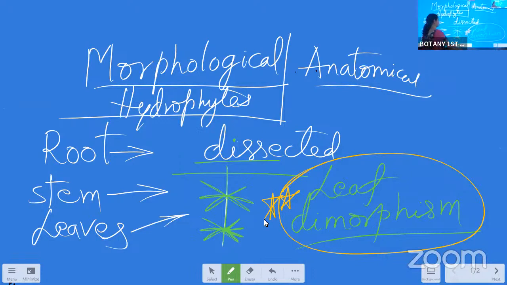If you write all this in the wrong place, they will say you don't know the subject and have just written whatever you learned. They can give zero marks, or say this answer is completely wrong.